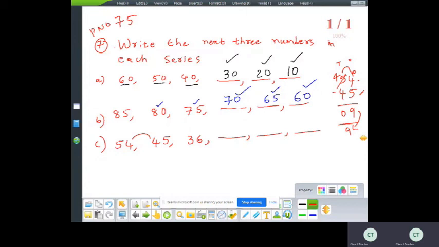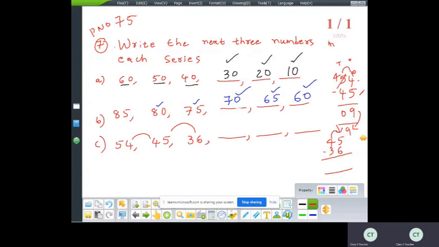Next 2 numbers, the difference of 45 minus 36. Subtraction in ones place: 5 minus 6. We cannot take 6 from 5. We need to borrow.